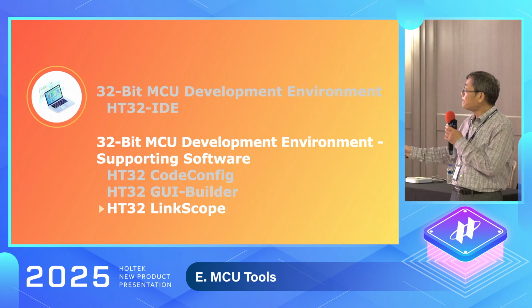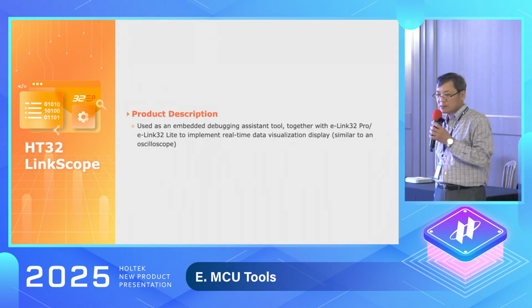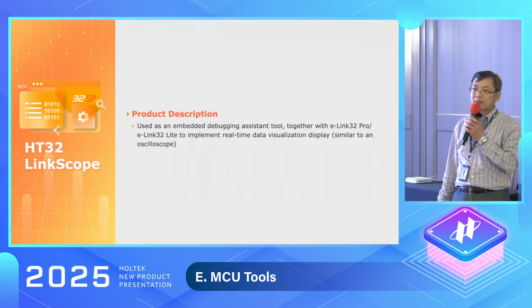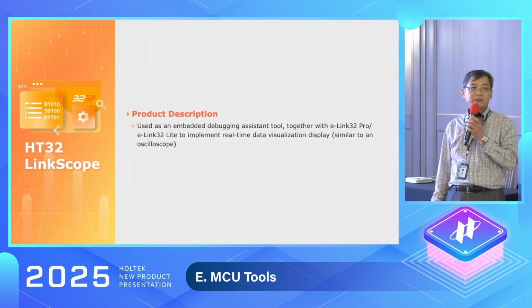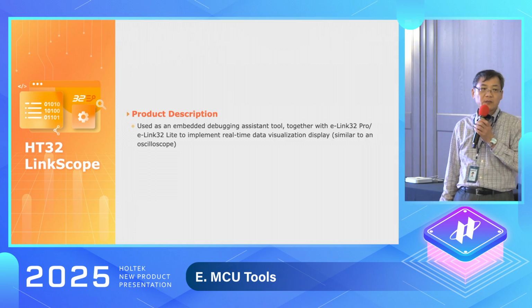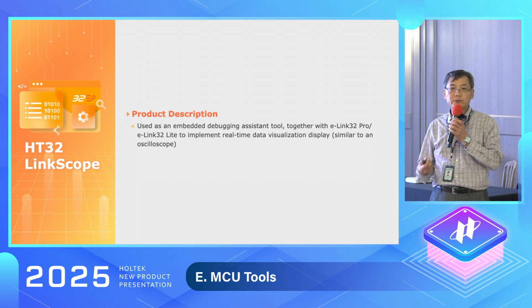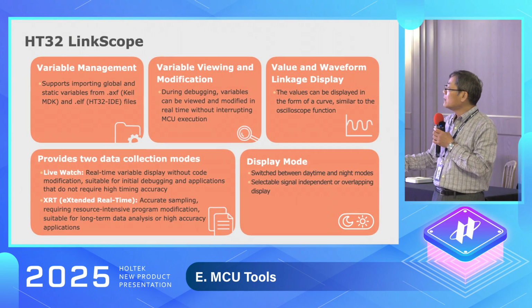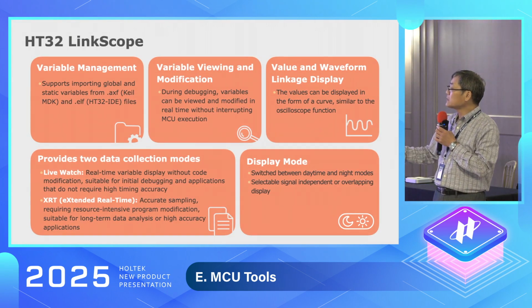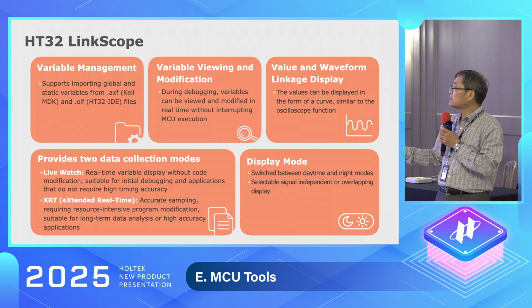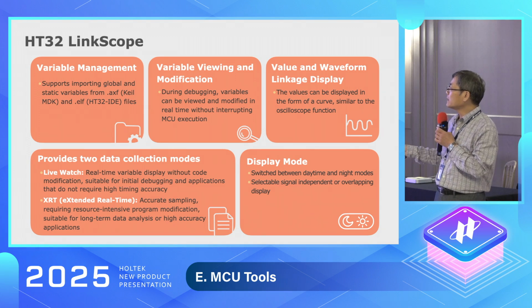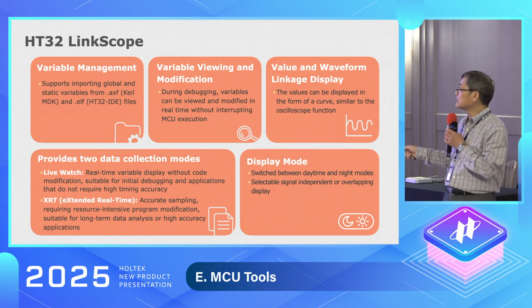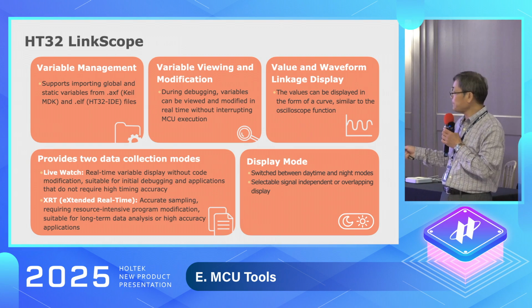Link Scope. Link Scope is a software that behaves just like an oscilloscope. So you don't need to use a physical oscilloscope. You can just view on the computer. Here you see the Link Scope. You can import external variables, and you can view the variable on the screen, and you can see the waveform.